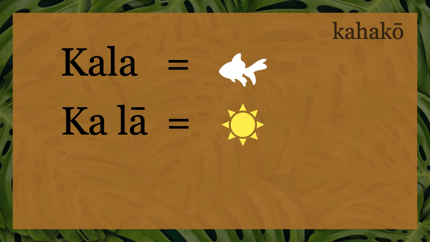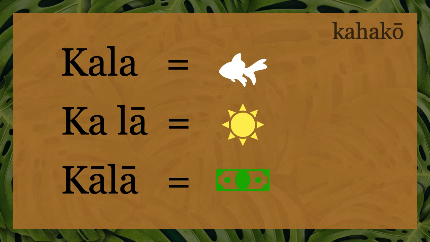It is pronounced kalā. And now you have this, ke, a, ko, la, a, ko. This is pronounced kālā, and it means dollar or money. Let's listen to the difference. Kala, kalā, kālā.